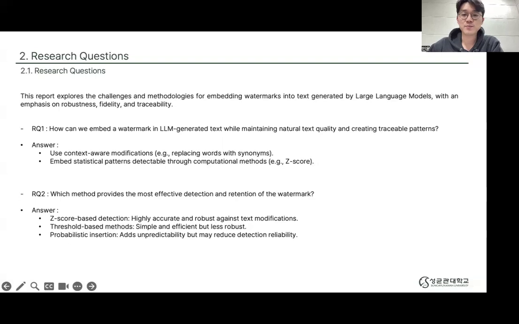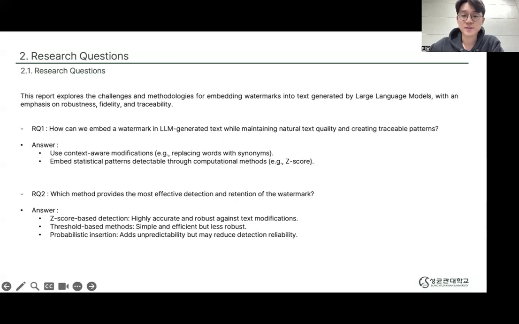Second is, which method provides the most effective detection and retention of watermarks? Through our analysis, we found that Z-score based detection is the most robust approach, providing high accuracy and resilience against text modifications, while threshold-based methods are simpler and more efficient.